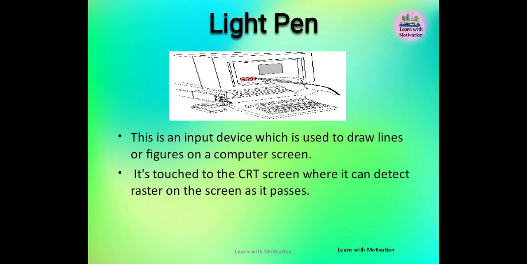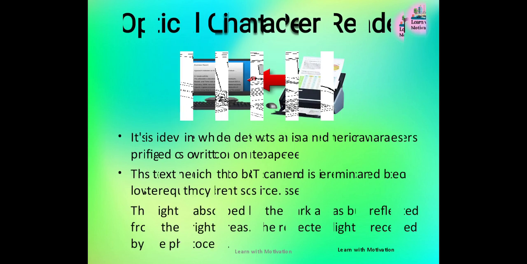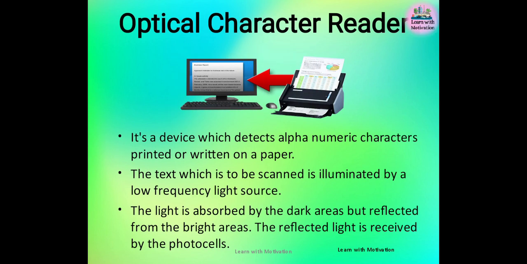Light pen. This is an input device which is used to draw lines and figures on a computer screen. It touches the CRT screen where it can detect the raster on the screen as it passes. OCR, Optical Character Reader. It is a device which detects alphanumeric characters printed or written on paper.